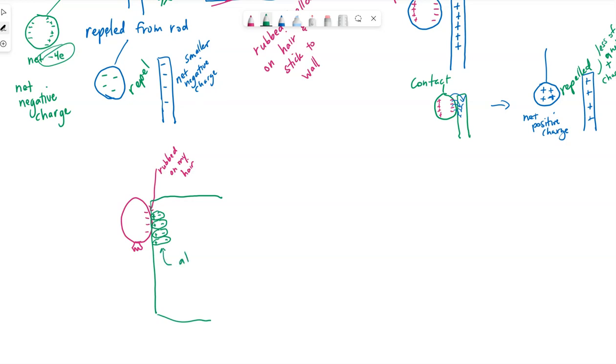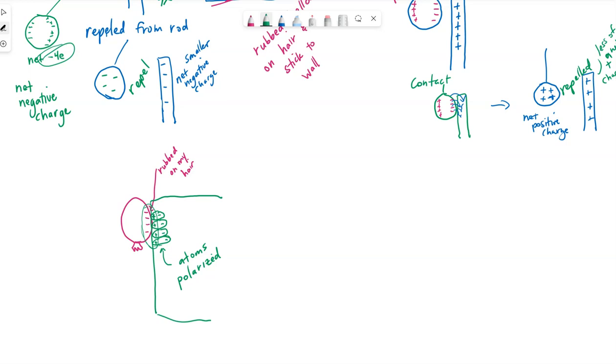These atoms become polarized. And this attractive force between the negatively charged balloon and the positive side of the atoms is stronger, not by much, but a little bit stronger than the repulsive force with the electrons on the other side.